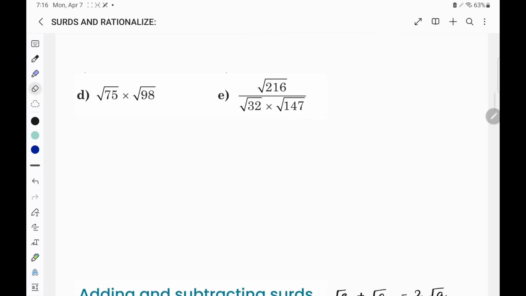Okay, now part D, 75. Which number comes in your mind? You know that 75 is 25 times 3. But if you don't remember, you can find out with prime factorization. For 75, take the 3 times table, because 7 and 5 it becomes 12, and it will come in the times table of 3.